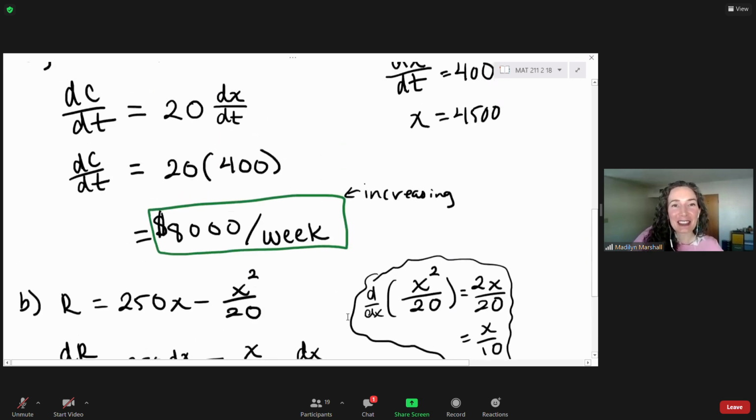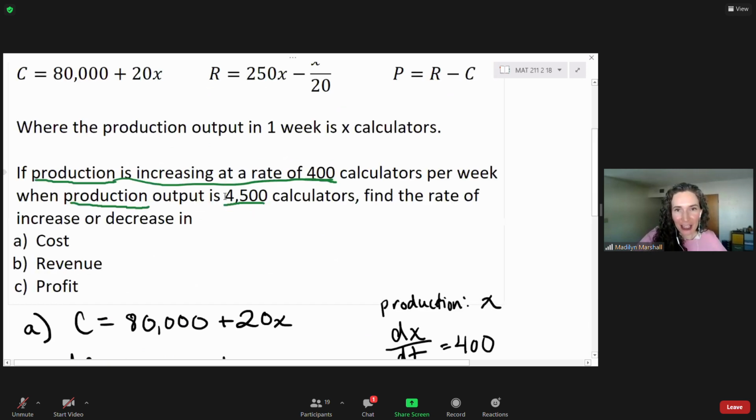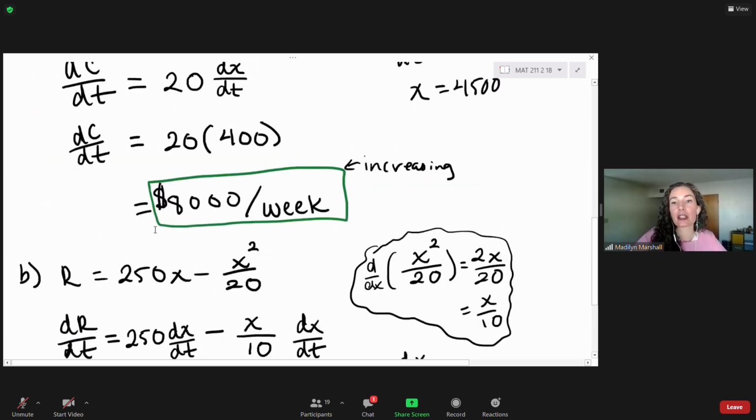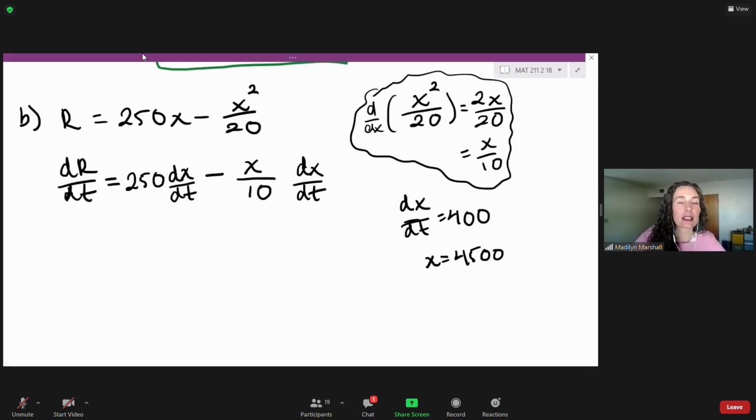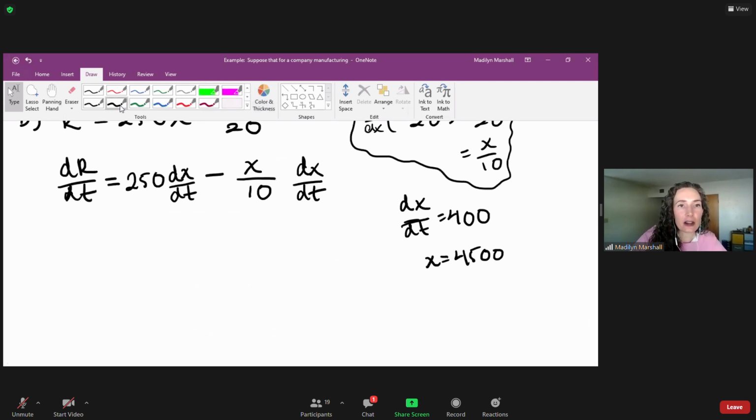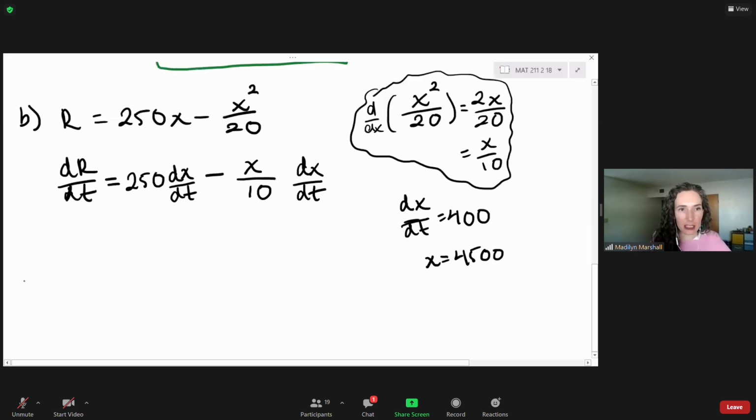So we took our 400 and 4,500 from the information from the problem, the change in production and the production itself, which are dx dt and x. And so we can just plug those right into our equation. So now our change in revenue with respect to time.